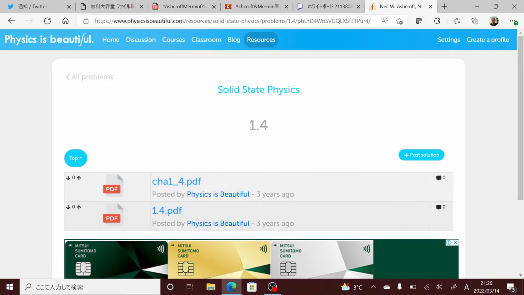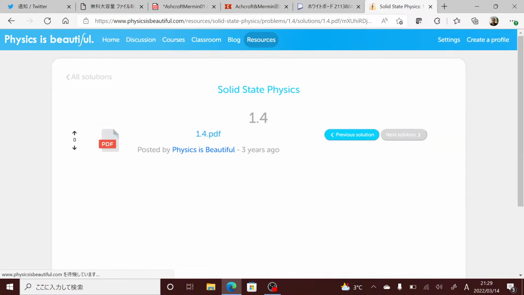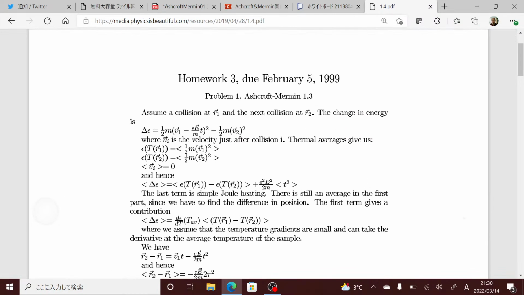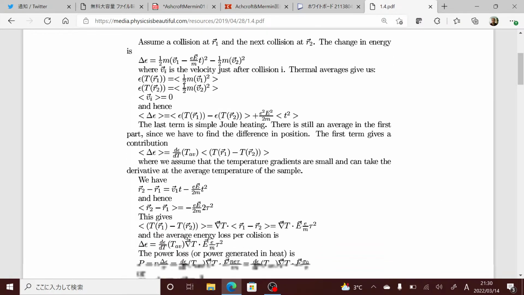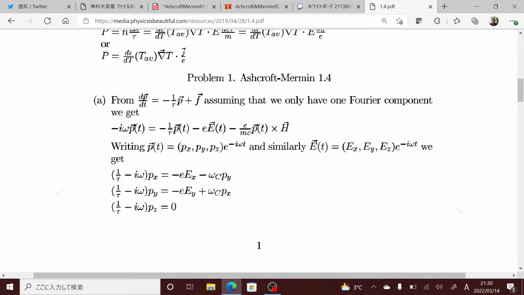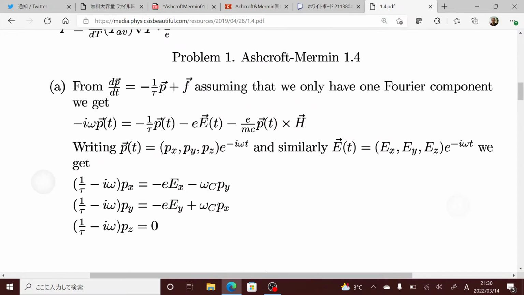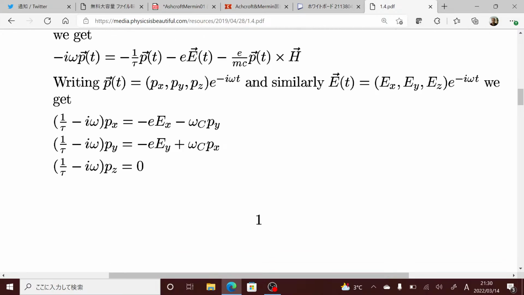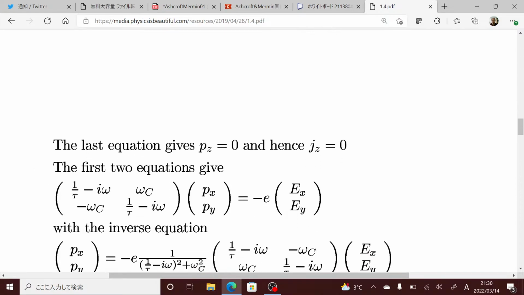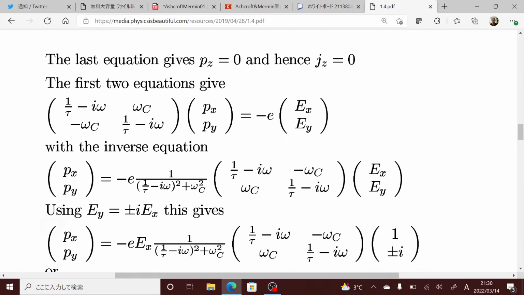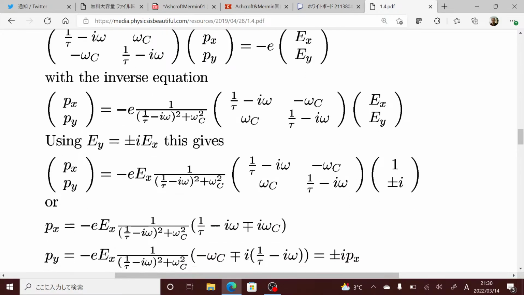So let's see the other one. This is 1.3. This is 1.4. This looks a little better, I would say.